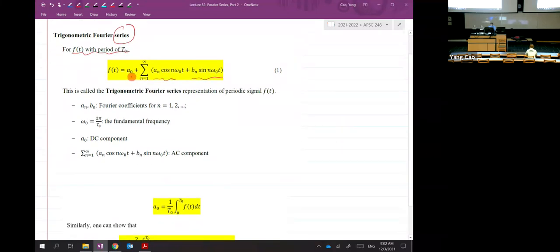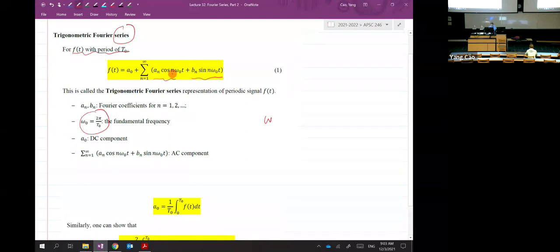We give some names to some of the coefficients in the formula. We call A naught the DC component, because apparently this is a constant, and the other terms are all associated with sine and cosine, so we call the rest of the terms AC components. Also remember, T naught is the period, and omega naught is the fundamental frequency, with the relationship omega naught equals 2 pi over T naught.